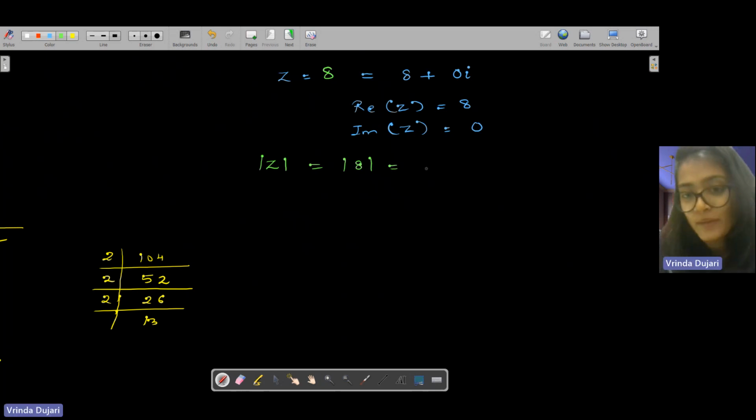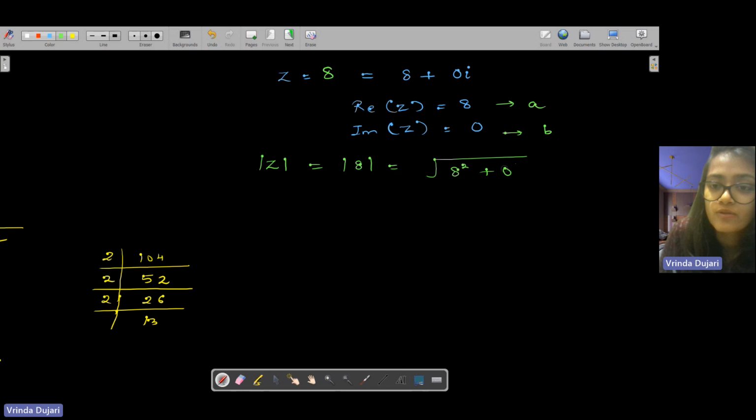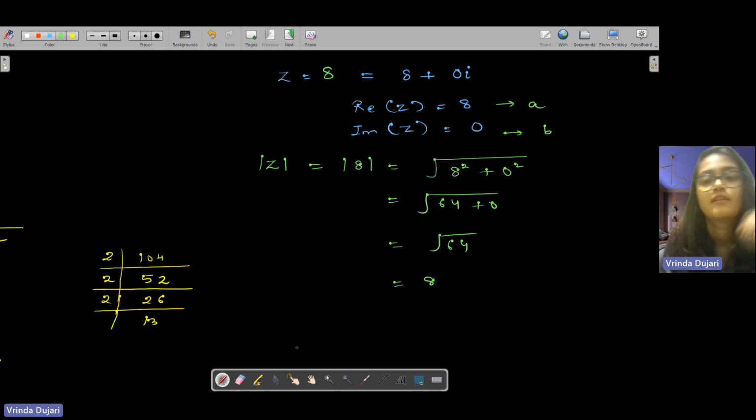So it's just gonna be 8. See, this is A, this is B. So you will do 8 square plus 0 square. So that's 64 plus 0. So 64, and that's nothing but 8.